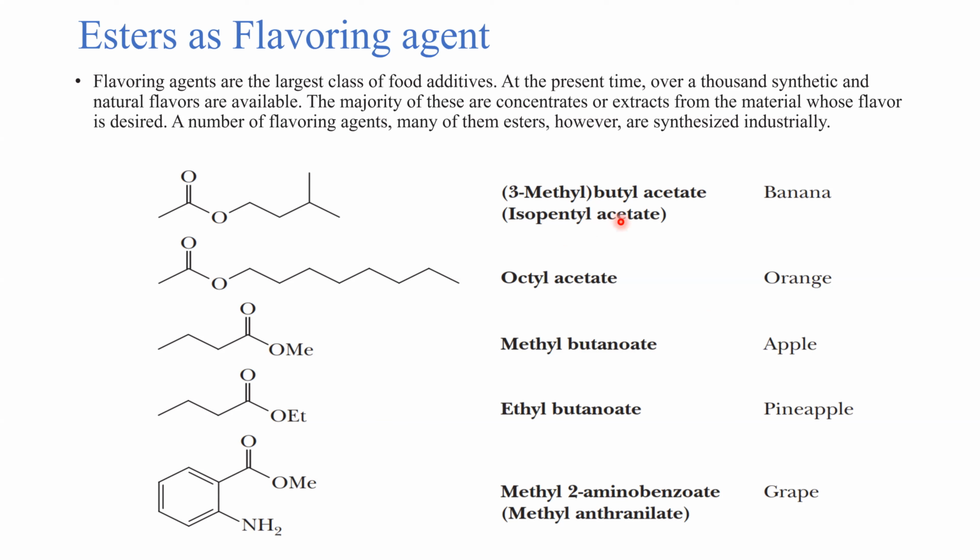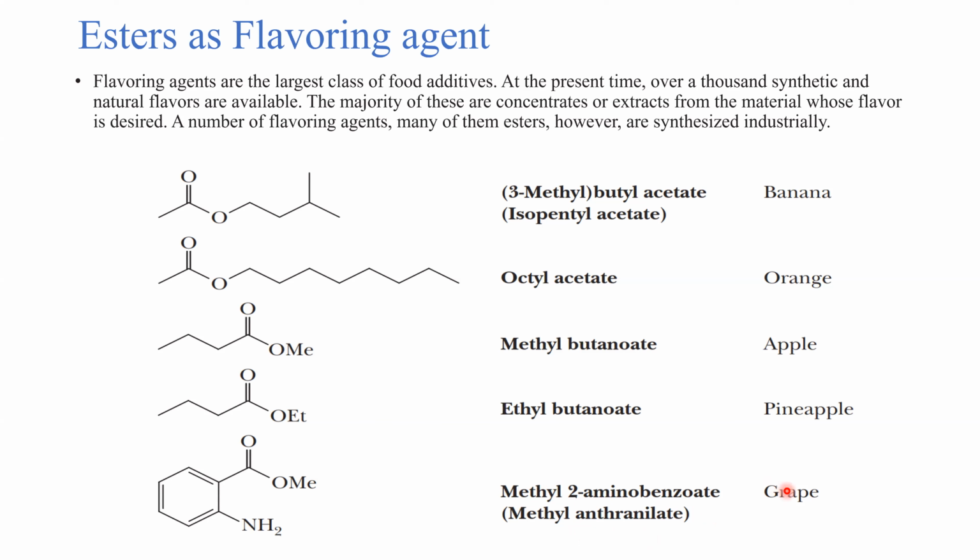So methyl butyl acetate, or its common name isopentyl acetate, gives you the banana flavor. Octyl acetate gives you the orange flavor, methyl butanoate gives the apple flavor, ethyl butanoate gives the pineapple flavor, and methyl anthranilate, or methyl 2-aminobenzoate, gives you the grape flavor.